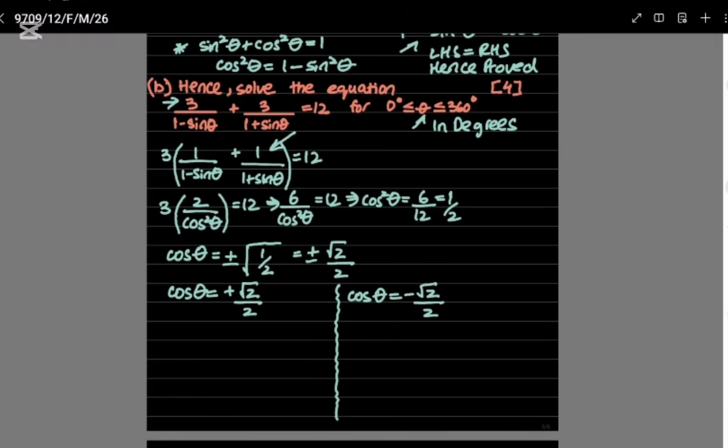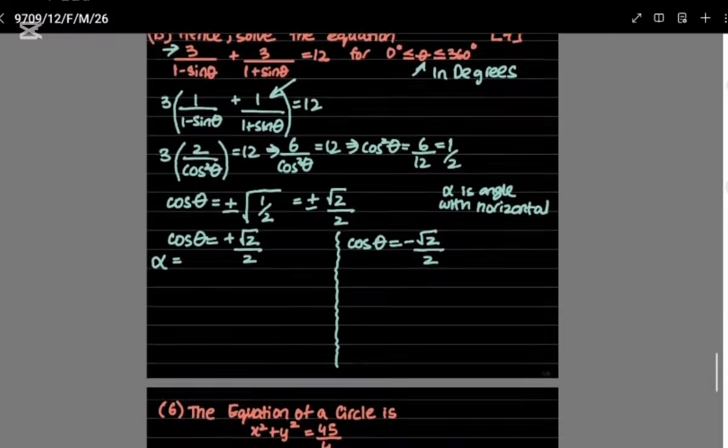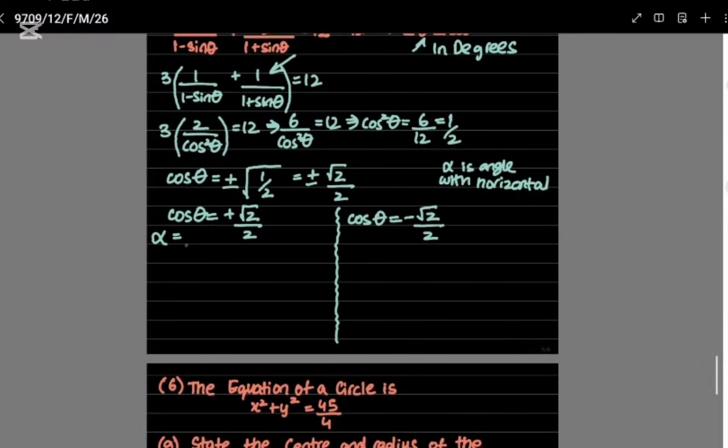Okay, so my method is find alpha. Why alpha? What is alpha? Alpha is angle with horizontal. Okay, so alpha is cos inverse of root 2 over 2, which is equal to, I guess, 45.